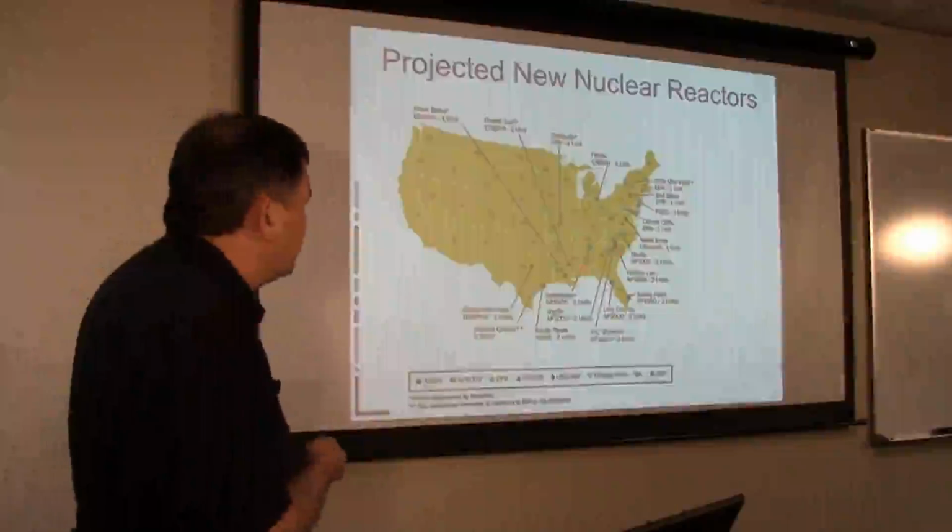But in the southeast they've had a long tradition of reliably running nuclear reactors, and in many cases those companies are going back and adding new units to the existing grounds of the facilities that they have.